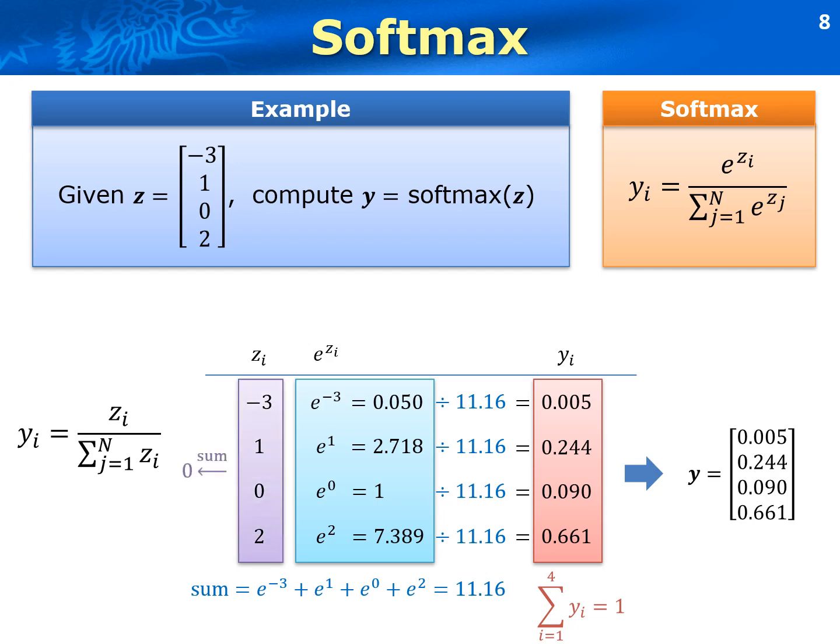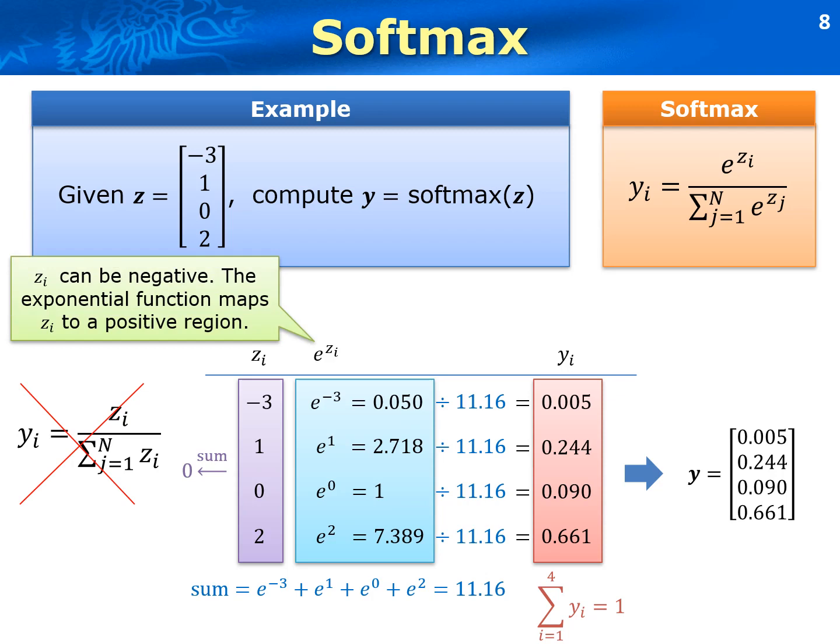In this example, we can see the sum of zi is 0, implying that we cannot use the sum 0 in the denominator. Instead, at the first step, we should apply the exponential function, which will map each zi to a positive region, e to the zi. After that, we can use this formula by replacing zi with exponential zi. This is exactly the same as the softmax function.